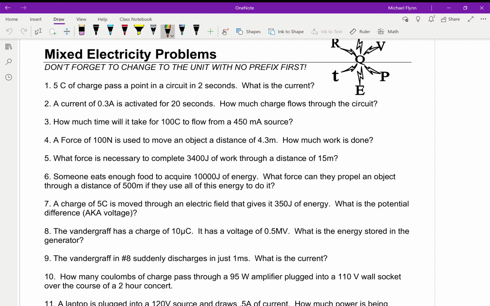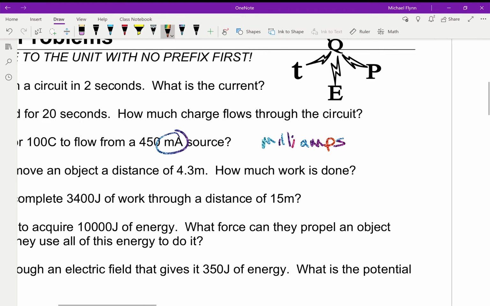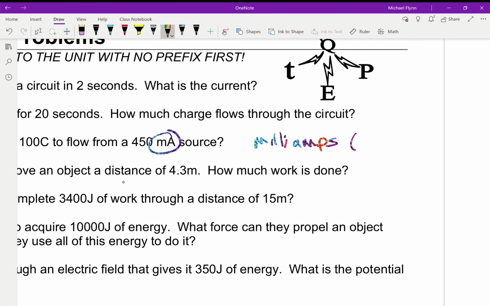Very easy. Now, I just want you to notice sometimes we use the metric system here. So little ma, what does that stand for? Well, that stands for milliamps. And just like a millimeter is 1/1000th of a meter, this is equal to 10 to the negative 3, which is 1/1000th amps.